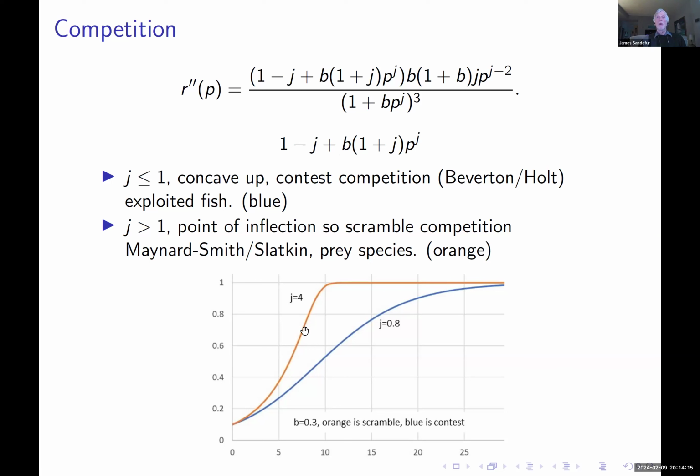As we see, species with scramble competition tend to approach equilibrium very rapidly. Those that satisfy the contest competition approach the equilibrium more slowly. And then in another paper, I talk about how this affects sustainable harvesting and maximizing profit, but I won't talk about that here.